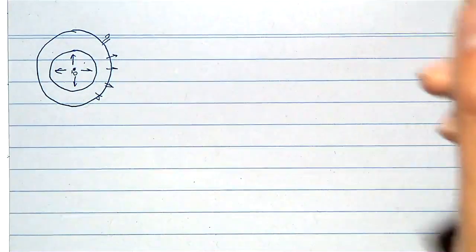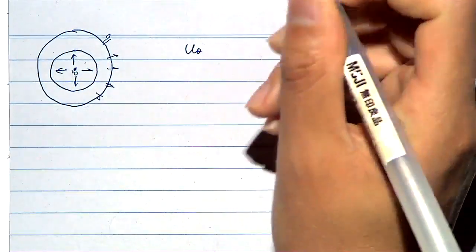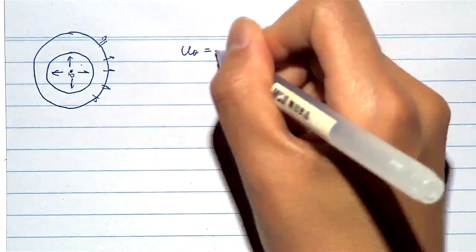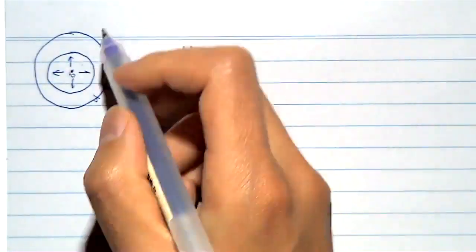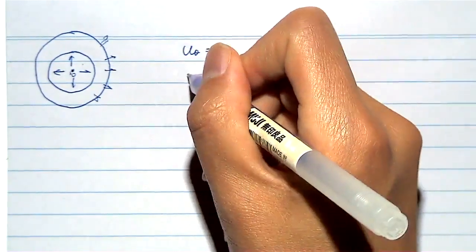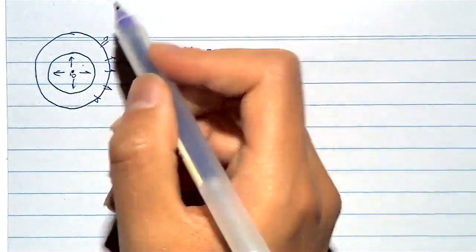So we can use that property to calculate the velocity of this flow. We know there's only one component: u theta, the flow going around it along the azimuthal direction, is 0. There's no flow going around the circle, so all of it is going radially outward.